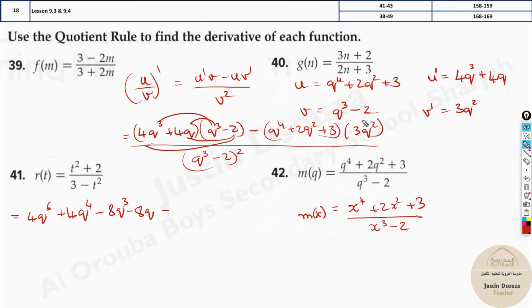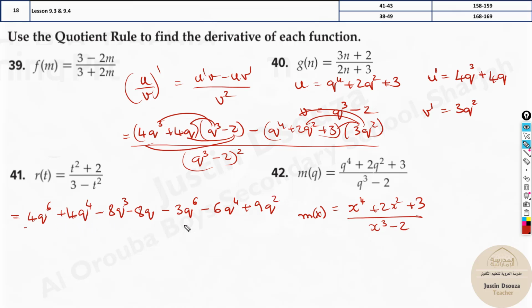And what about over here? It's only a single term multiplied to all the three terms. It'll be 3q to the power 6. Now it's going to be minus. All the terms will be minus because they are plus over here. So over here it'll be 3 times 2 is 6, q to the power 4. And lastly we have 9, so 9q squared.